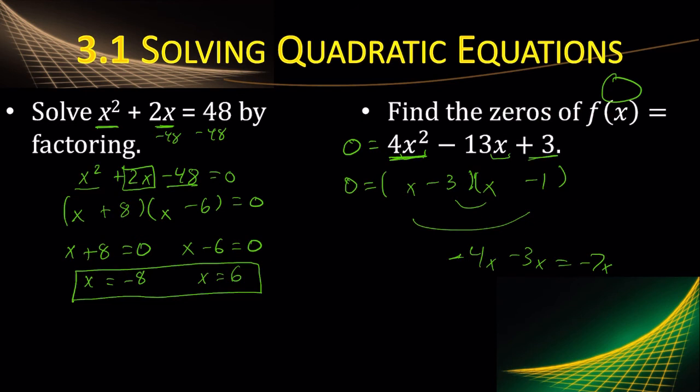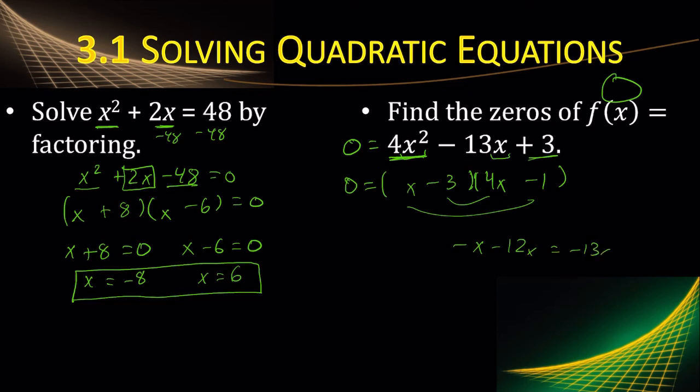Wow. What if we put the 4 over here? So I still have x times 4x. All right, so the outers are negative 1x, inners are negative 12x. That gives us negative 13. Hey, we finally got it.